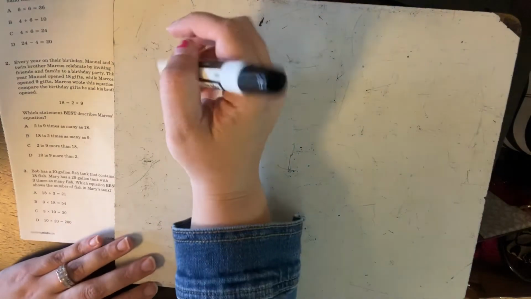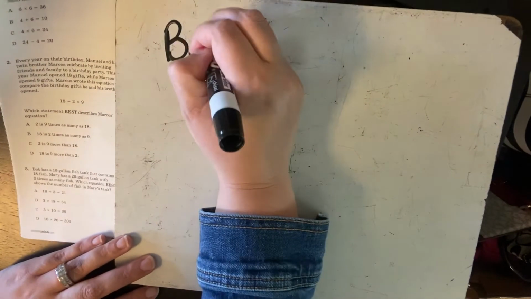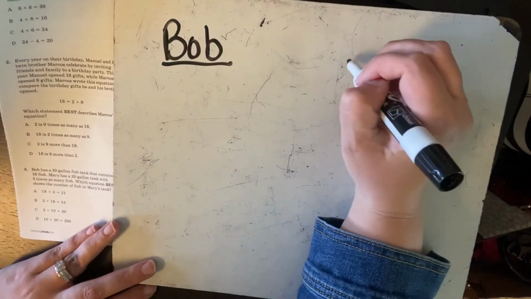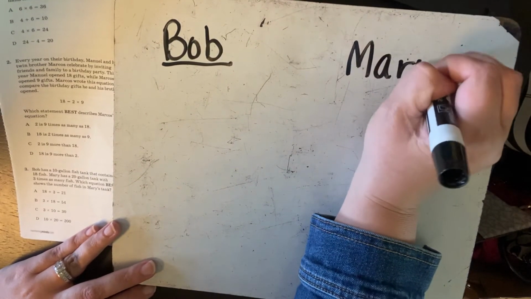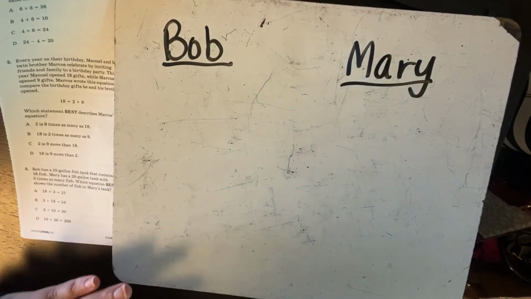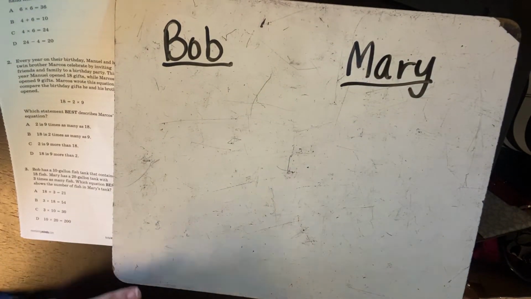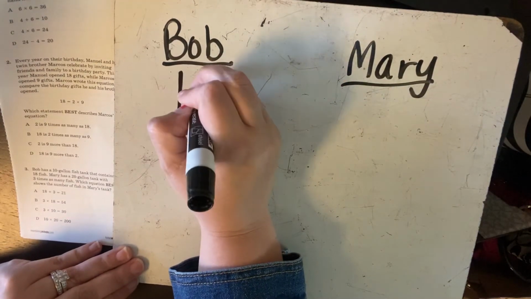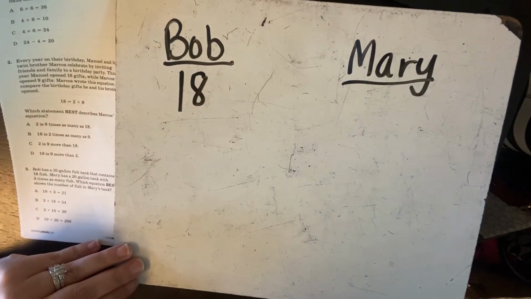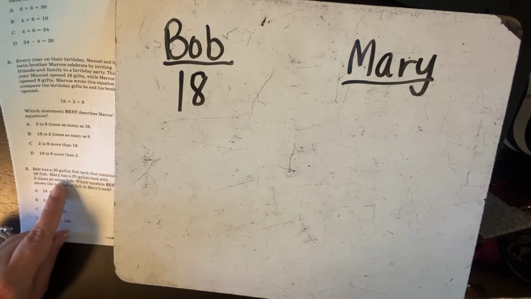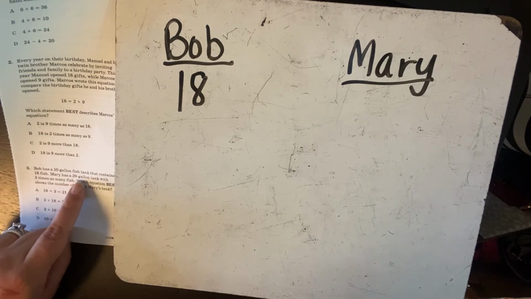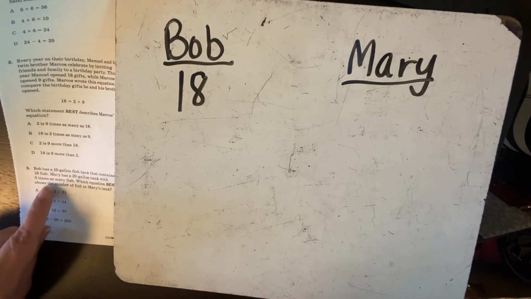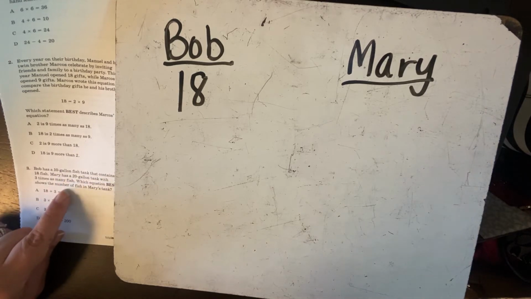So we have the two people that we're talking about, Bob and Mary. All right. What do we know about Bob? We know that Bob has 18 fish, and they tell us that Mary has a 20-gallon tank with 3 times as many fish.